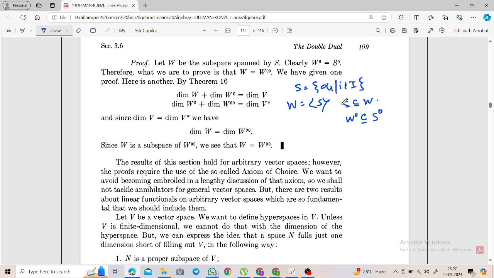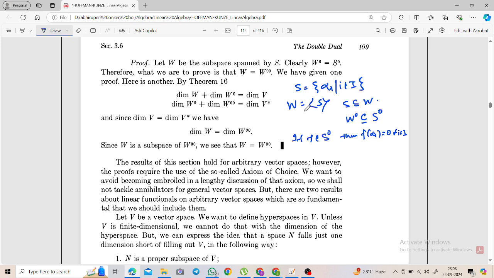Okay, but if f belongs to S naught, then f of alpha i is 0 for all i, I mean for any element in S is killed by f, since f is in S naught.